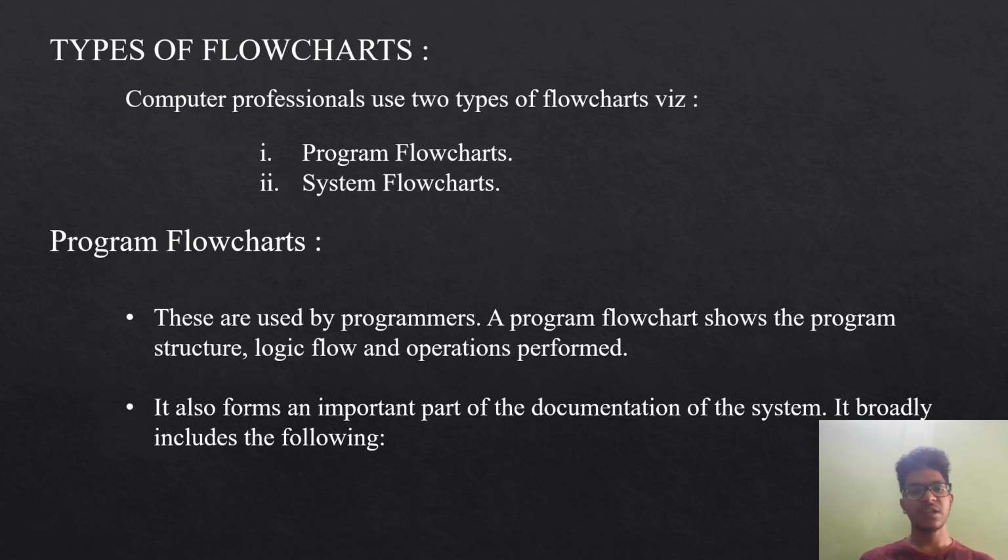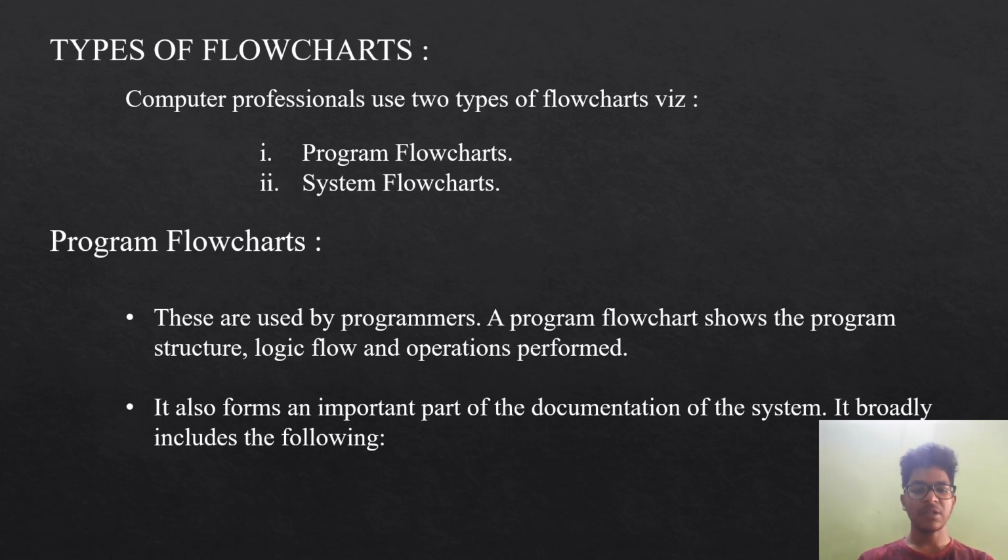Types of flowcharts. Computer professionals use two types of flowcharts, that are program flowcharts and system flowcharts. Program flowcharts. These are used by programmers. A program flowchart shows the program structure, logic flow, and operations performed. It also forms an important part of the documentation of the system.